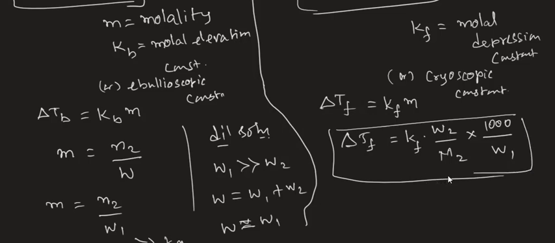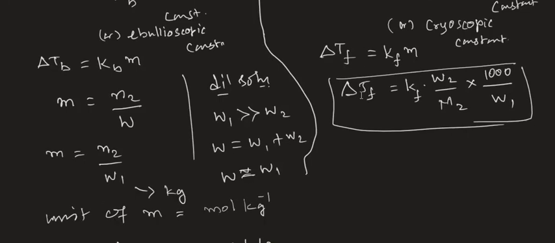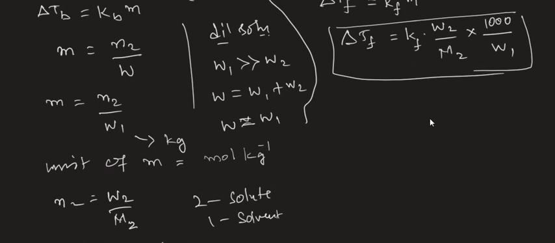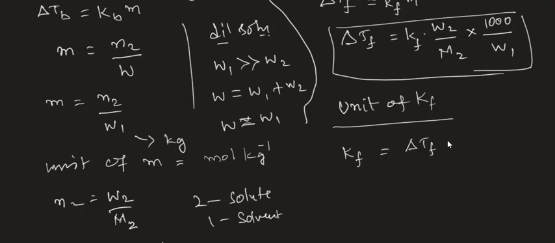You should know the unit also, so let us derive the unit of KF. Let us retain KF on this side: delta TF into M2 into W1 divided by W2 into 1000. The 1000 is a factor, so you can ignore it.